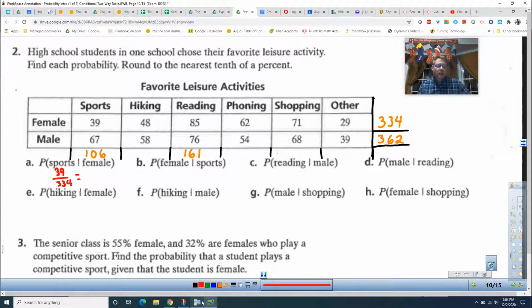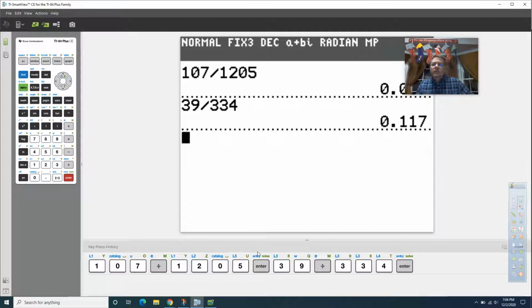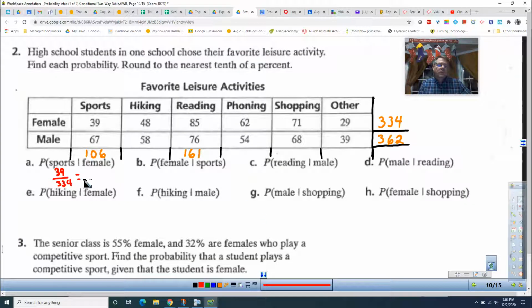So 39 divided by 334 is 0.117. And then that would turn into 11.7%.